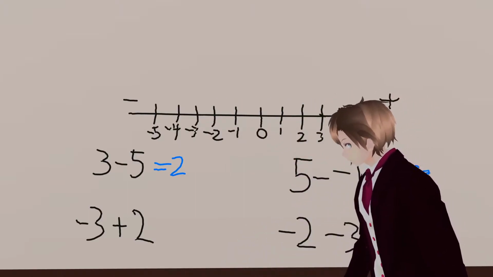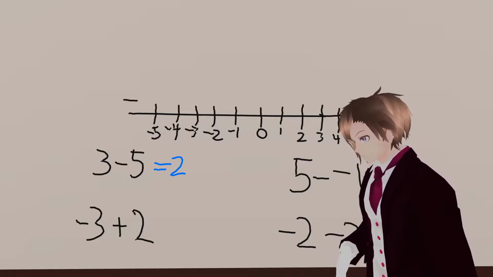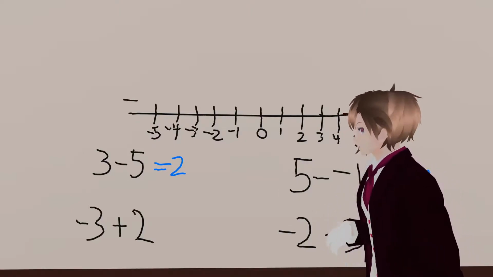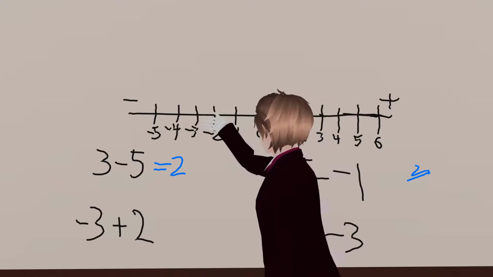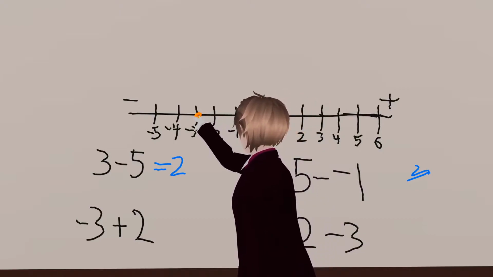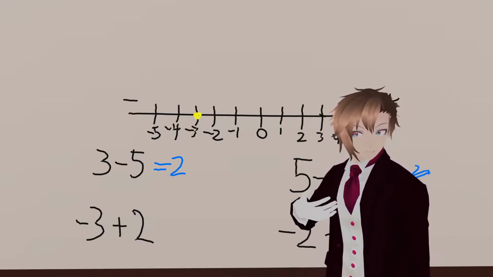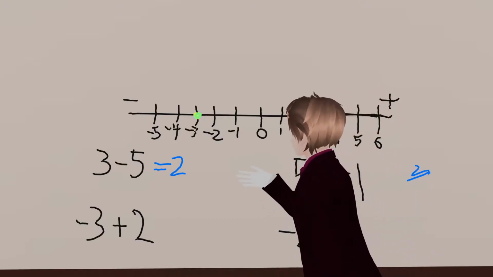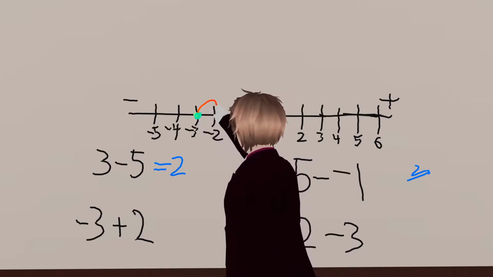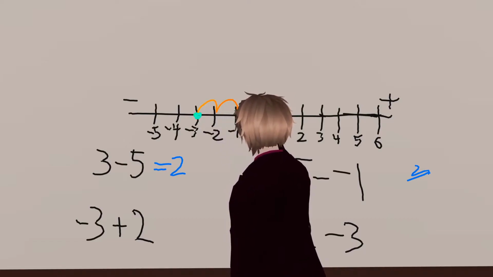Now, the next one, negative 3 plus 2. So we're going to start at negative 3, and we are going to move in the positive direction 2. 1, 2.